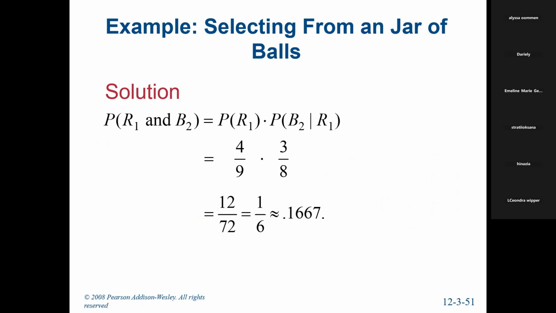The 2 events are not independent because they did not put the ball back in the jar. If they put the ball back in the jar, the 2 events are independent.